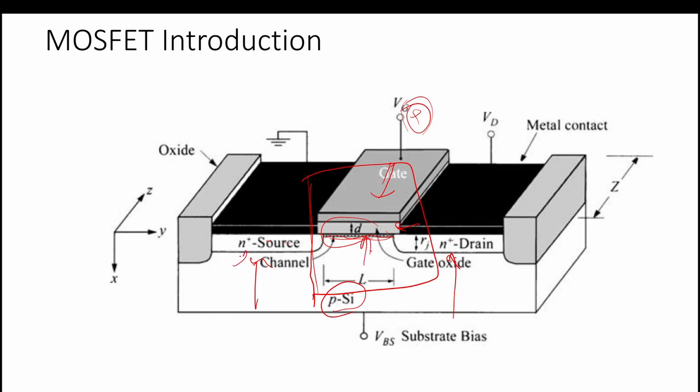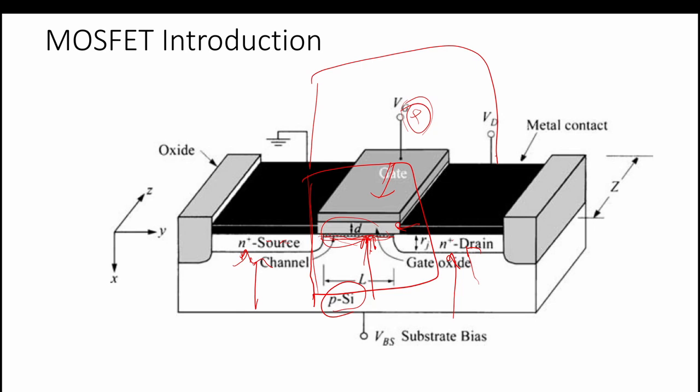This is N++ doped, this is N++ doped, and there is a channel of electrons between source and drain. When we apply a field between the source and drain, there will be a drift of the charge carriers between them.